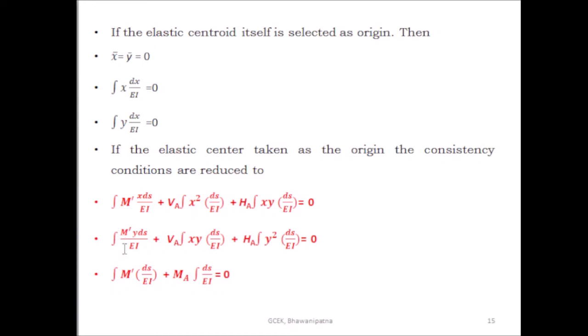Then integration m dash y ds by EI plus Va integration xy ds by EI plus Ha integration y square ds by EI is equal to 0.